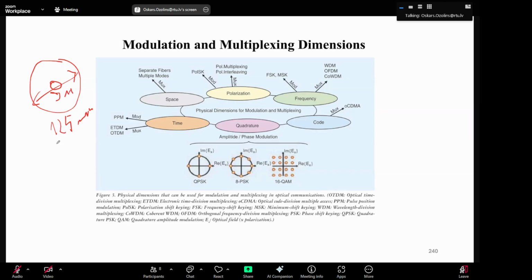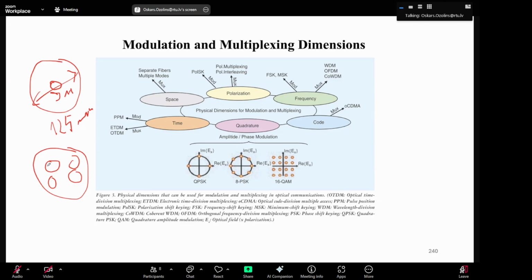What you can do is keep this 125 and put two separate cores or four cores or more. So these are multi-core systems. This is when you add another dimension to increase the capacity, for example, with quadrature, polarization, space, and frequency, wavelength division multiplexing. And within this, you can also still do time division multiplexing.